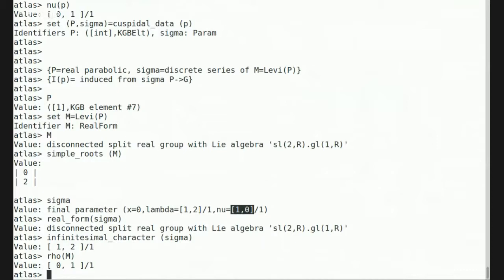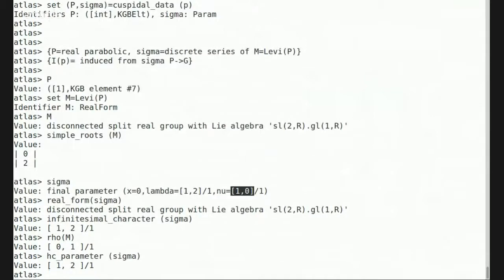Okay. Well, let's see, what else can we say about this? Let's look at the Harish-Chandra parameter of sigma. It's 1, 2. Now, I should have mentioned before when I'm talking about discrete series, strictly speaking, I mean what's sometimes called relative discrete series, which is to say it's the discrete series modulo the center.